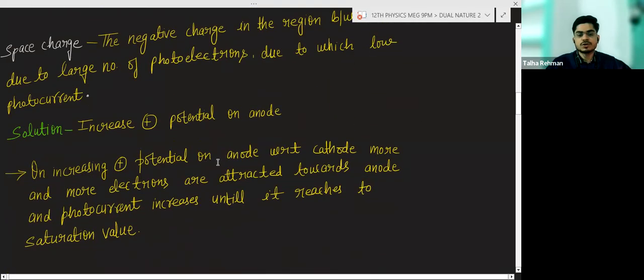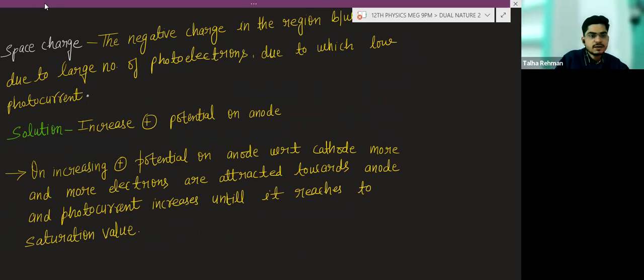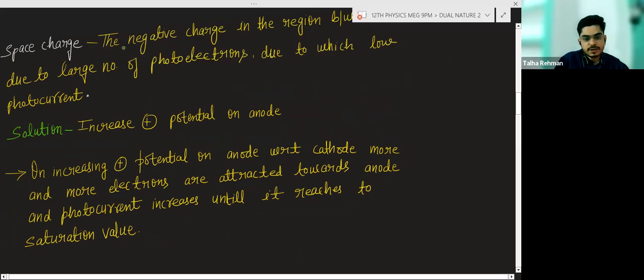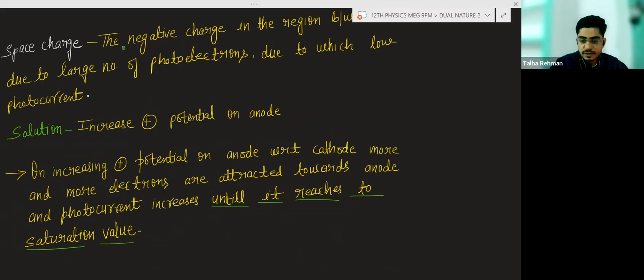So on increasing the positive potential on the anode with respect to the cathode, photocurrent increases until it reaches a saturation value. Why?